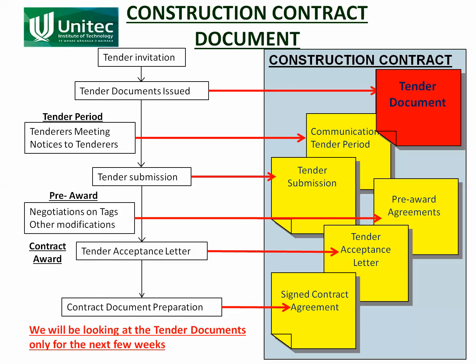All 3 copies will be signed by the principal and by the contractor, and they will initial every page of those documents. That takes quite a bit of time. Then one will go to the contractor for his records, one will go to the principal for his records, and the other one will go to the engineer. So that's why you do 3 of them.